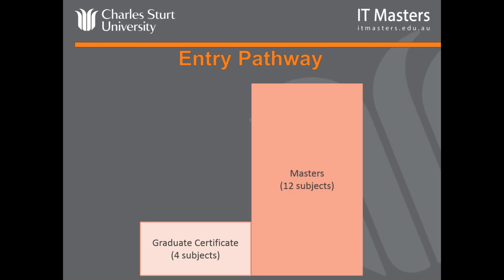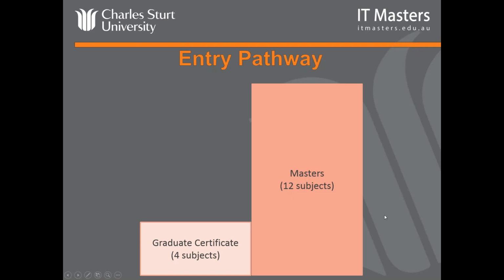So if you were applying but you don't have an undergraduate degree but you do have experience, what we would do is put you into a graduate certificate in one of our courses, and once you successfully pass that, you move on to the masters and you take all of those graduate certificate subjects with you as credit, effectively then leaving 8 subjects to do the masters. So please, if you don't have an undergraduate degree but you think you might have enough experience, we invite you to get in touch and talk to us about possible entry into one of our master's programs.